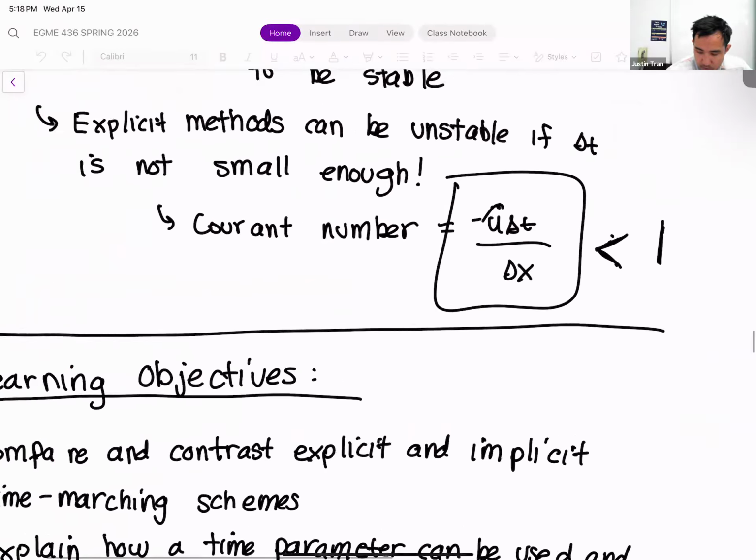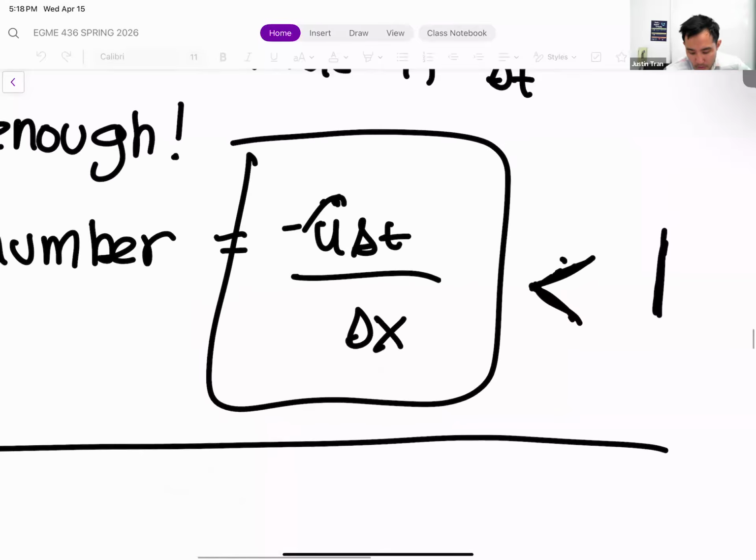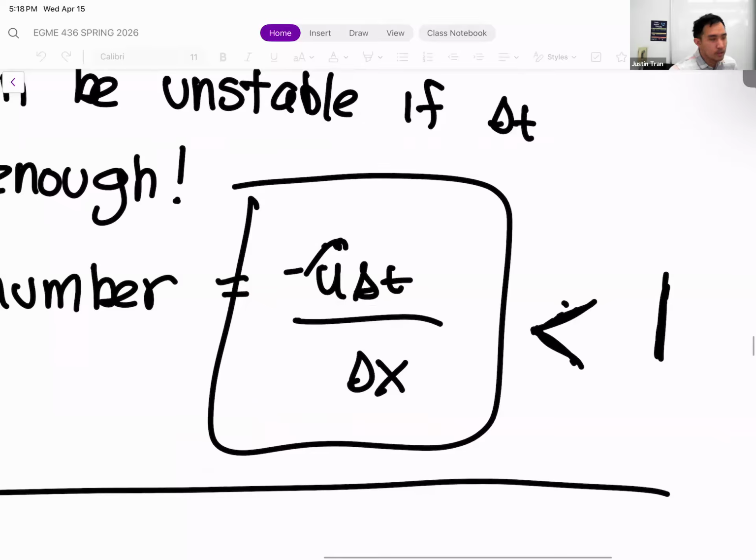The Courant number is this quantity right here: U, the velocity, multiplied by delta t, divided by delta x. When you refine the mesh, you're making delta x small, because delta x is the size of your cell. If delta x is getting smaller, you're pushed towards more instability. To balance it out, you need to reduce the time step size, delta t.